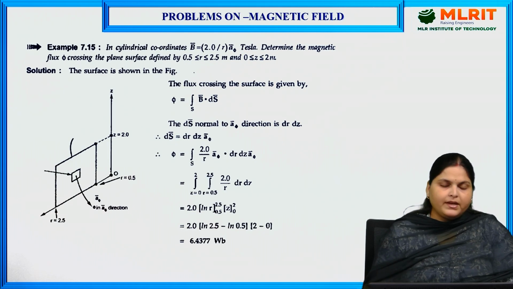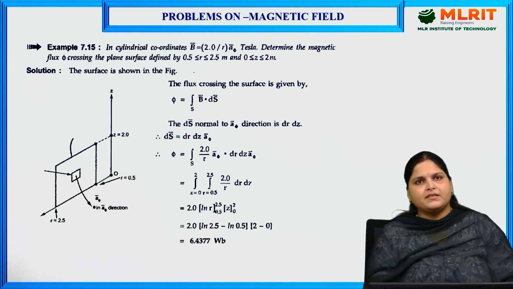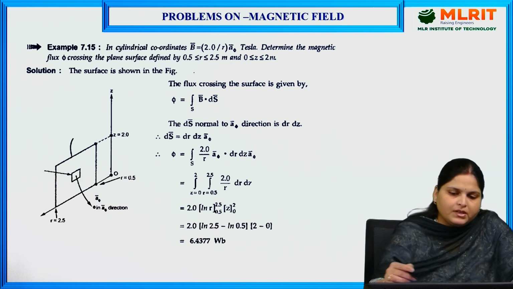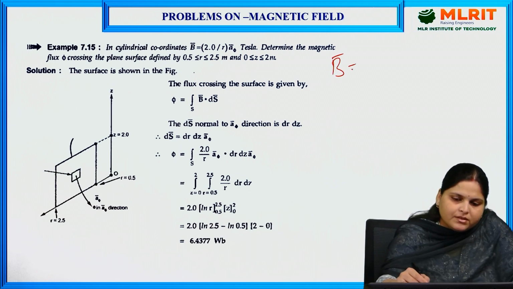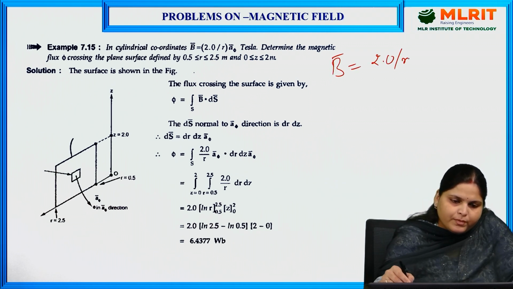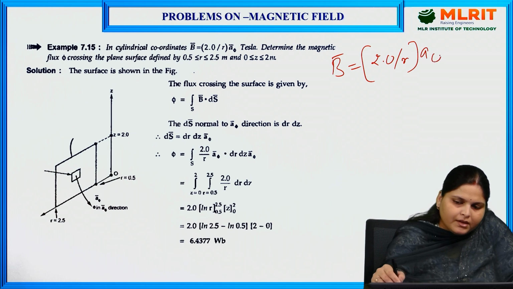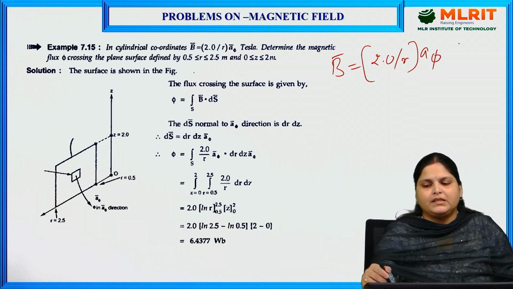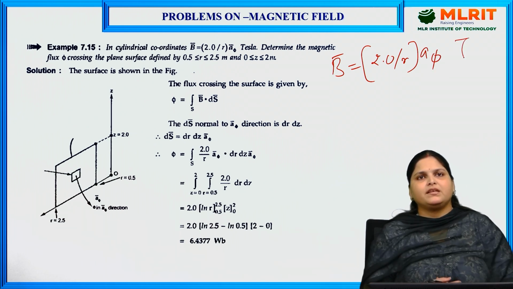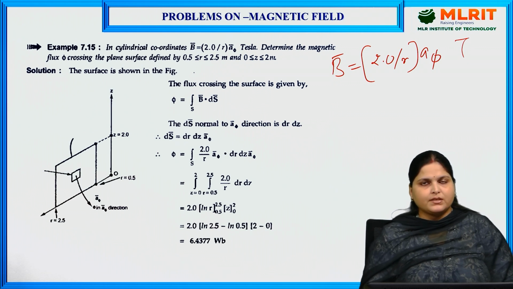Let's take the next question. A cylindrical coordinate system is given in this question, and B is given as 2.0 by r, a_phi. Tesla is the unit. Flux density is given in the cylindrical coordinate system.